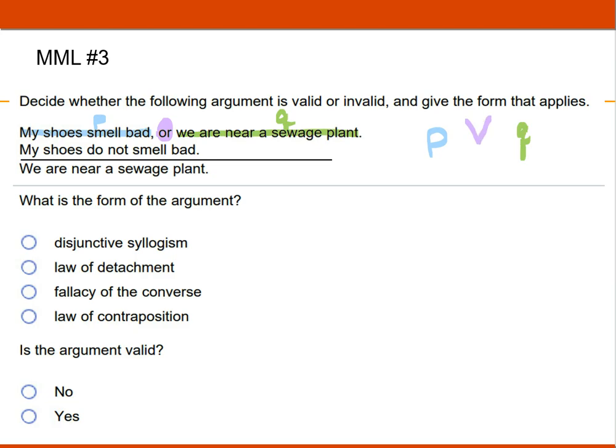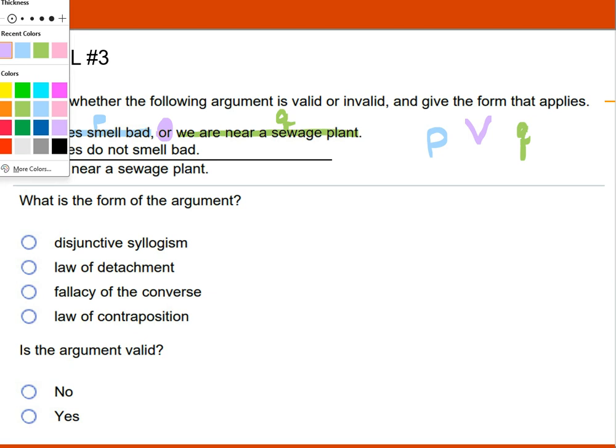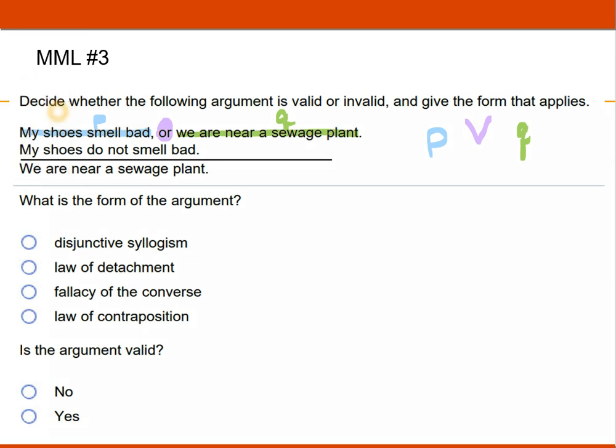Okay. That's the first premise. That's the first sentence. And then it says, my shoes do not smell bad. Okay, well, whatever. My shoes smell bad is P. Now it says my shoes do not smell bad.